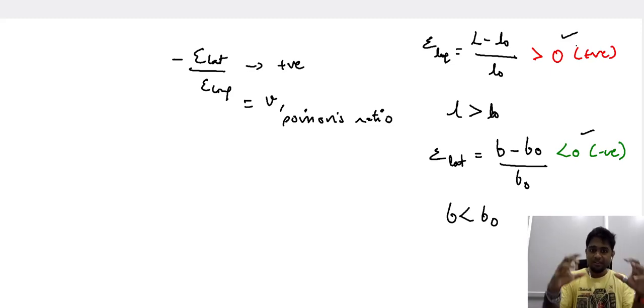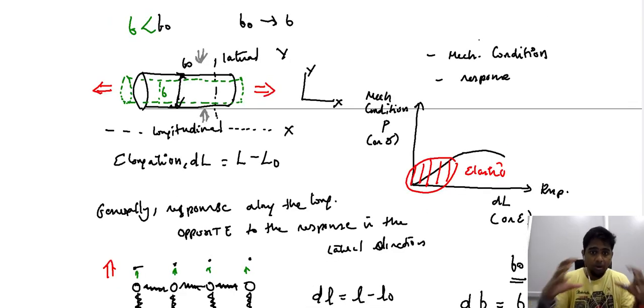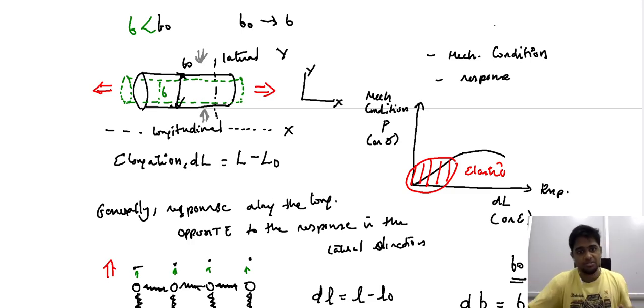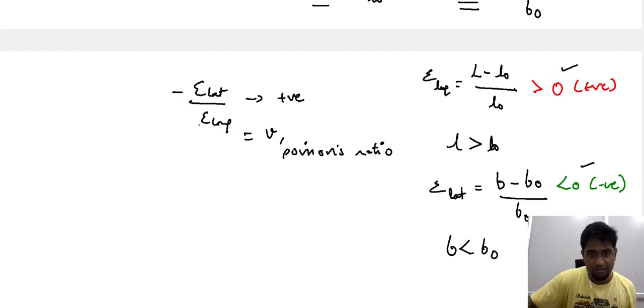But when you consider the nature of the load that brings about the change along the lateral direction, we can assume it to be a compressive load. So when you assume it to be a compressive load, we need to by convention bring in a negative sign here, and then both numerator and denominator are positive.